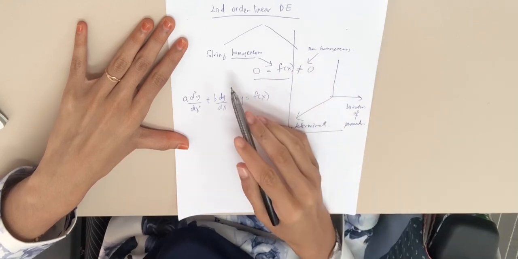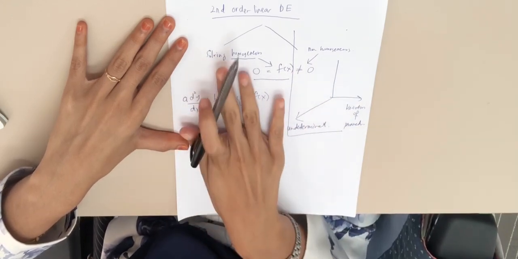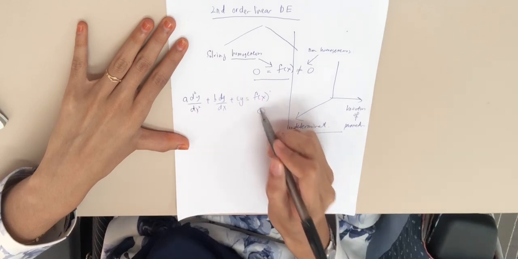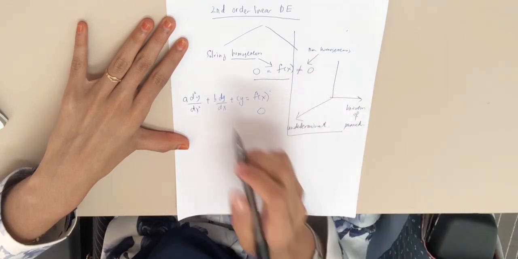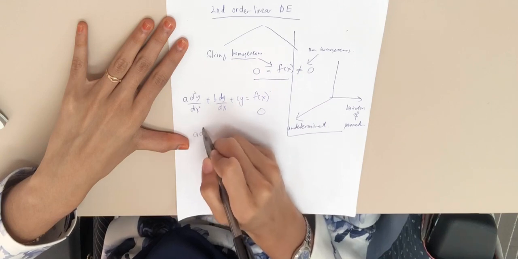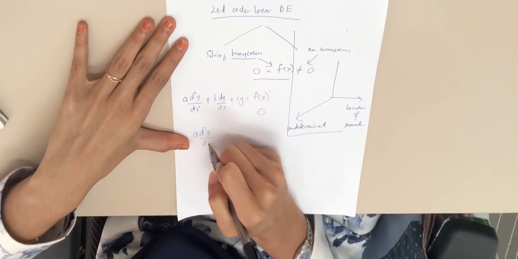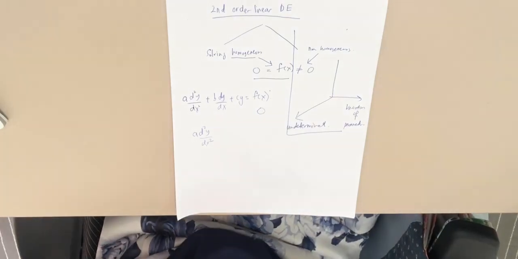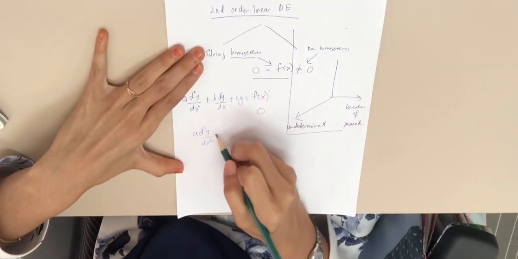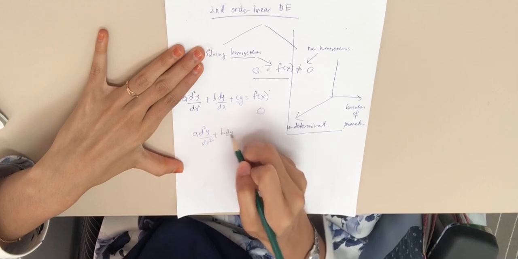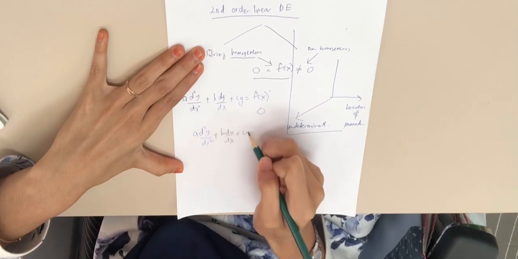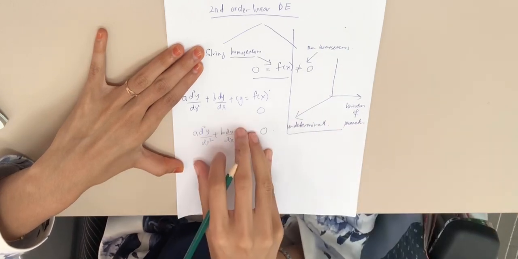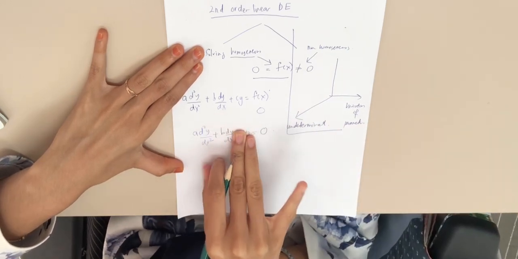If this one is homogeneous, that means your f(x) is equal to 0. So you will have an equation like a d²y/dx² plus b dy/dx plus cy, and this equation is equal to 0. So this equation is a homogeneous equation.